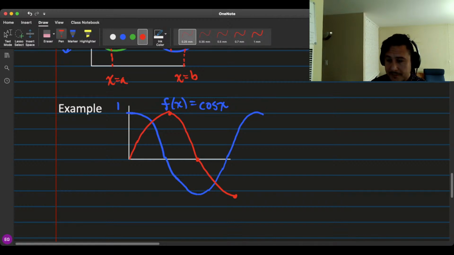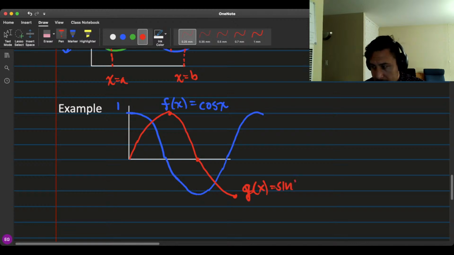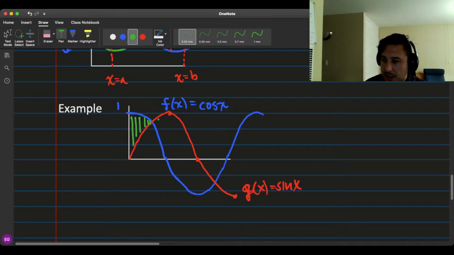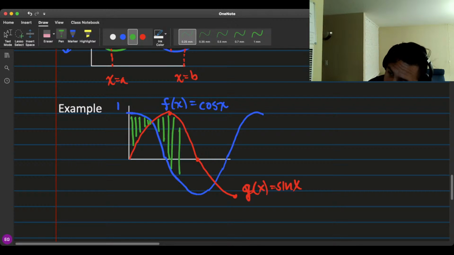Let's write that: g of x equals sine x. And we want the area between the two curves between 0 and pi.